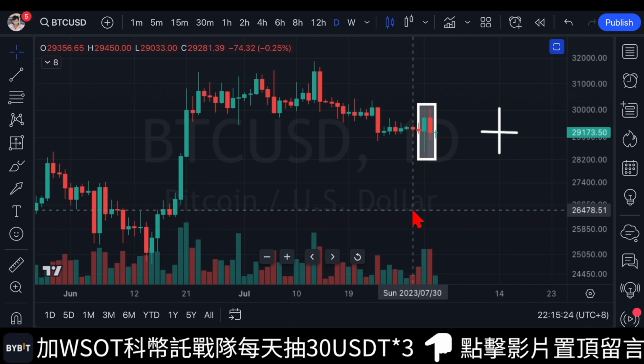This is very important. It can show that the long and short forces are relatively balanced now, or it could be a turning point or a continuation. If we study its long-short power, it shows that it is relatively balanced between long and short.